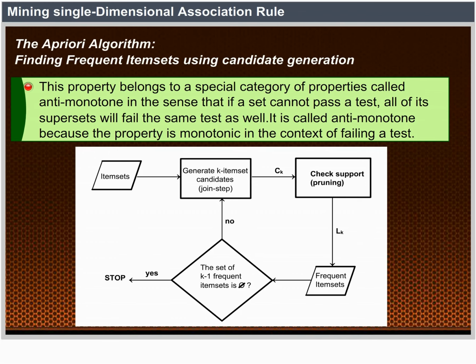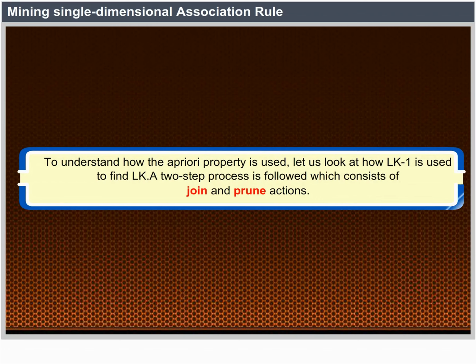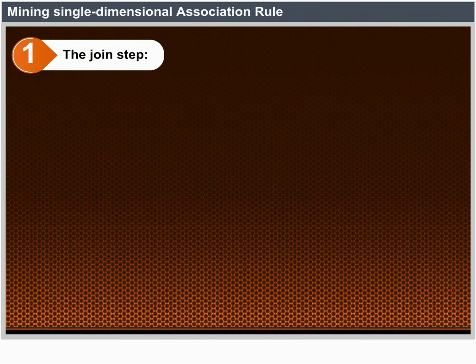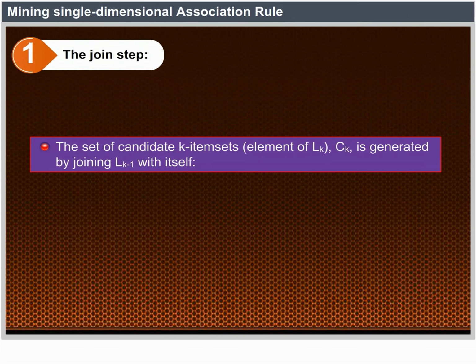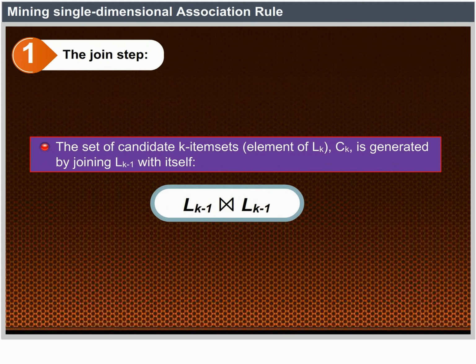To understand how the Apriori property is used, let us look at how Lk-1 is used to find Lk. A two-step process is followed, consisting of join and prune actions. The join step. The set of candidate k item sets, Ck, is generated by joining Lk-1 with itself, Lk-1 join Lk-1.